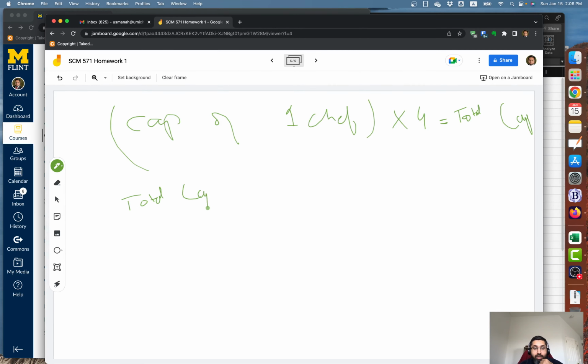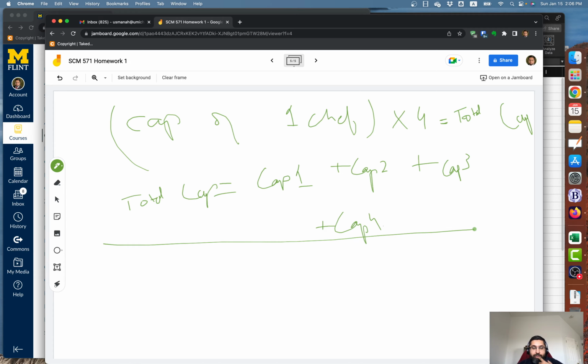Plus capacity of 3 plus capacity of 4. That's what you would do if one was a trainee chef who worked slower, one was a master chef who worked faster, things like that. But because the chefs are identical, adding the same number 4 times equals multiplying the number by 4, and so you can just do that. So I need to find the capacity of one chef.